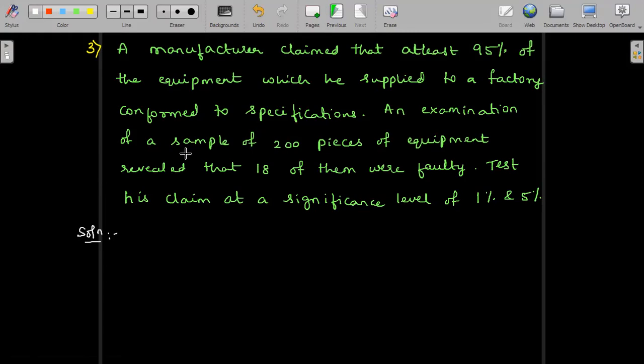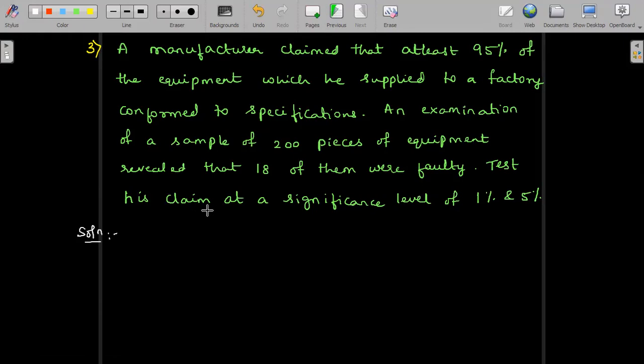An examination of a sample of 200 pieces of equipment revealed that 18 of them were faulty. So out of 200 pieces that were collected, 18 of them were observed to be faulty. Faulty means it was not up to the mark.